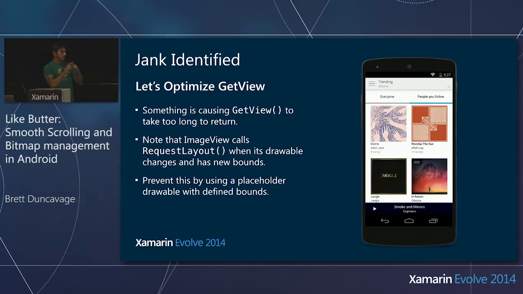We were just using a plain old color drawable. If you check ImageView.java, when you set the drawable, the color drawable has no intrinsic bounds. It's just a color. So it says, well, I need to request layout because my bounds are changing.